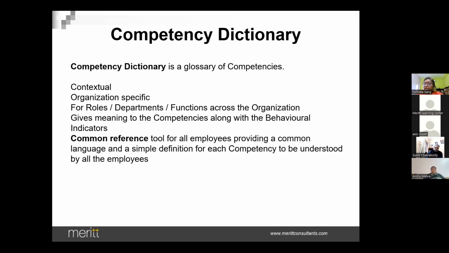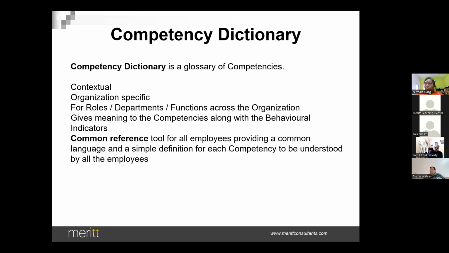Because if I'm using communication as a key competency for recruitment, I will use my own definition, and when you are recruiting, you will use your own definition. So the competency dictionary will provide you a common language so that everybody can be on the same page or the same level. Very clear, guys? What is a competency dictionary?